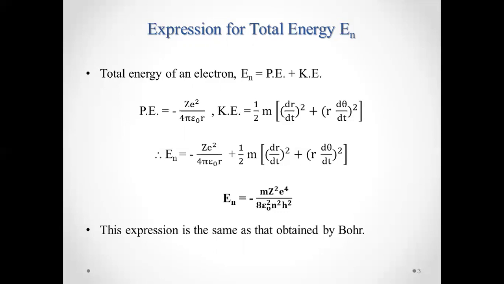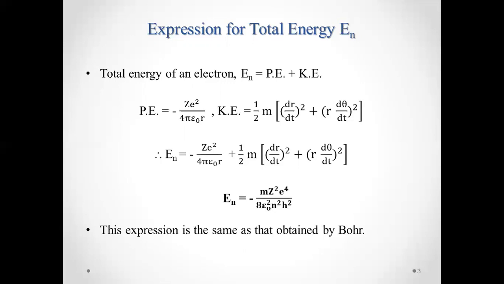Now, if we try to determine the expression for total energy of the electron in an orbit as suggested by Sommerfeld, we get energy as the sum of the potential and kinetic energies. We have already evaluated the expression for potential energy as minus Ze square by 4 pi epsilon naught r.